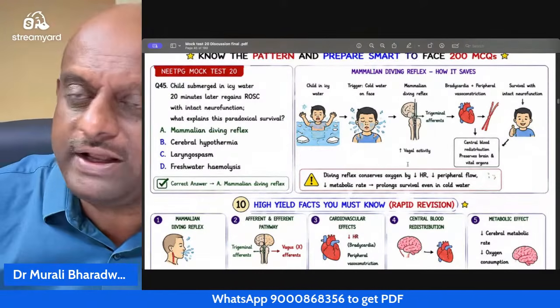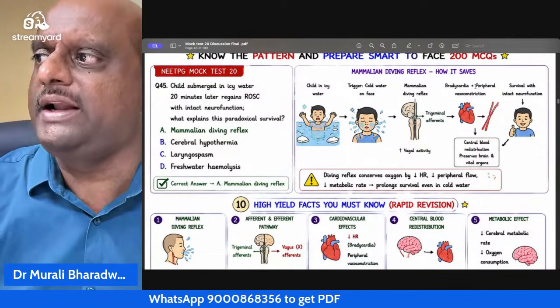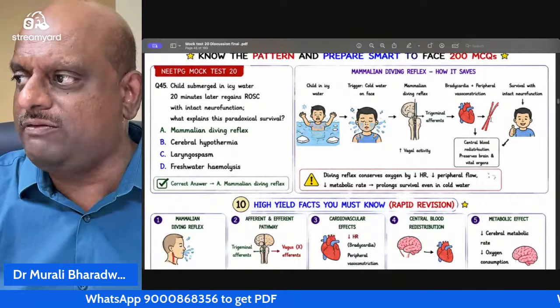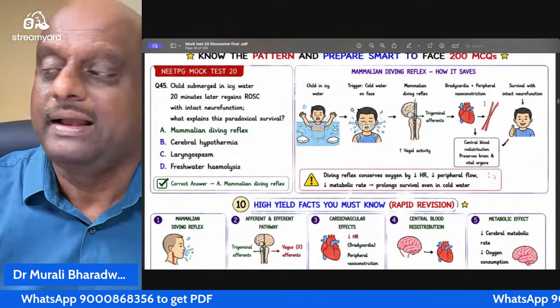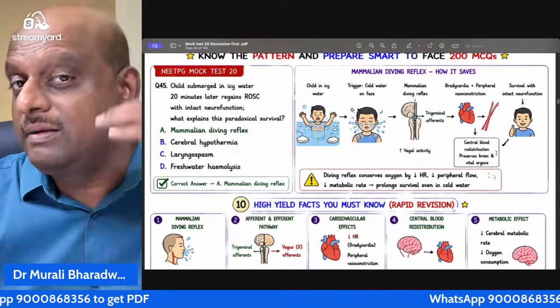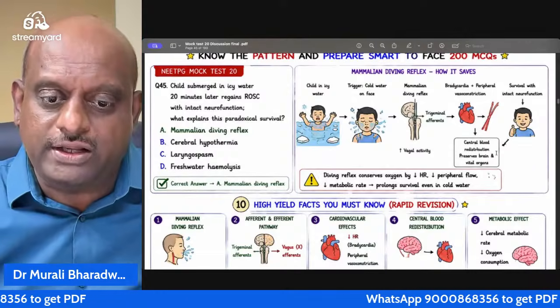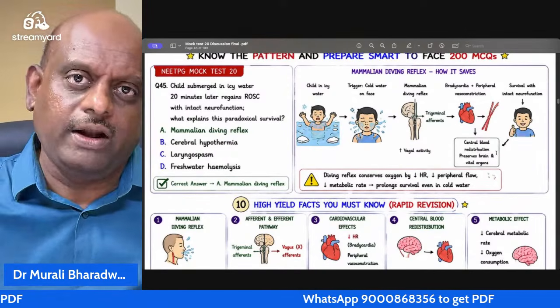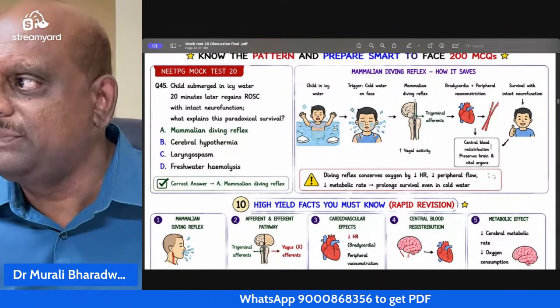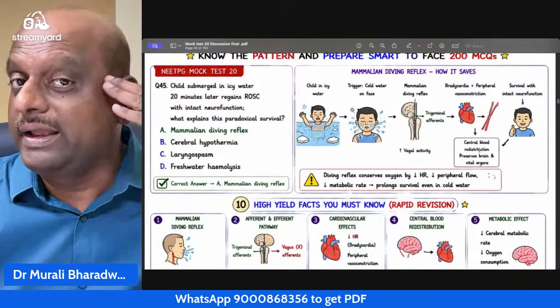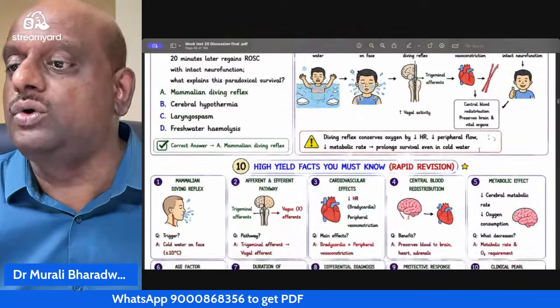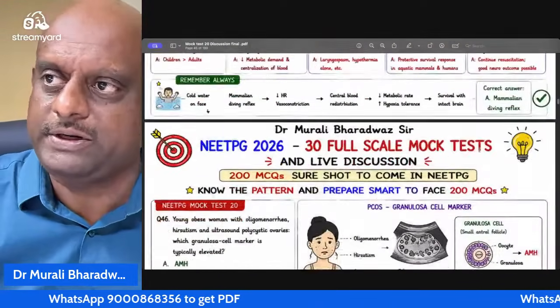Mammalian diving reflex leads to increased vagal activity leading to bradycardia and peripheral vasoconstriction. And the cerebral blood flow will be maintained and the peripheral blood flow decreases. And that's how he survives with the intact neurofunction, is what we need to appreciate.